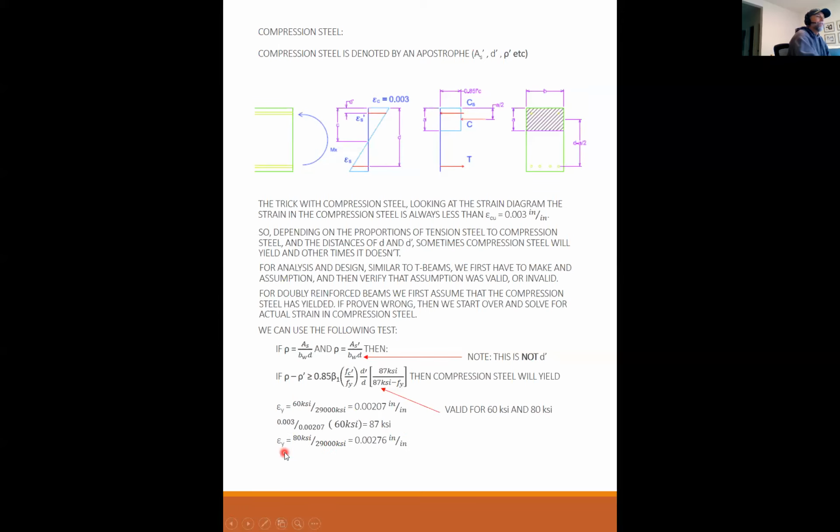Or the yielding strain for 80 ksi is 80 over 29,000, which is 0.00276. And 0.003 divided by 0.00276 times 80 ksi is still 87. So this is just a quick proof that this equation is valid for both 60 and 80 ksi.